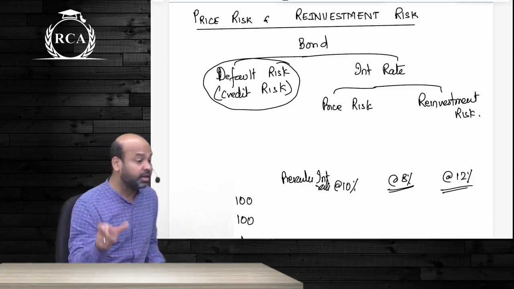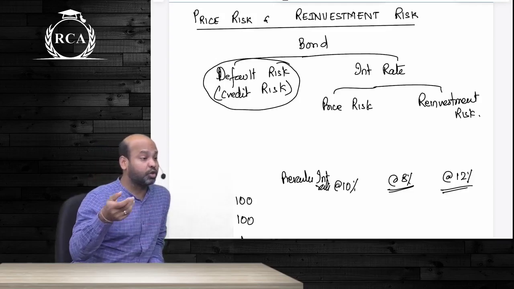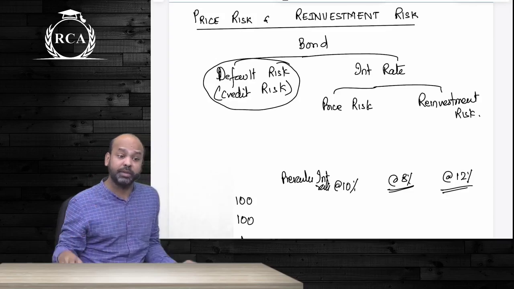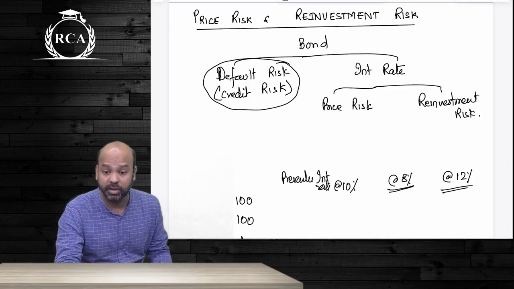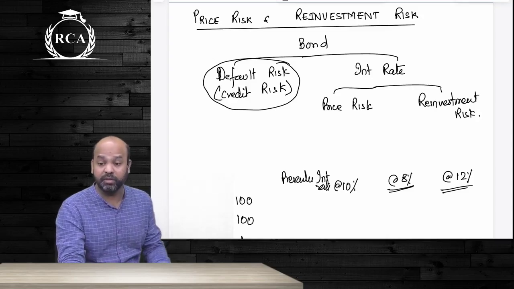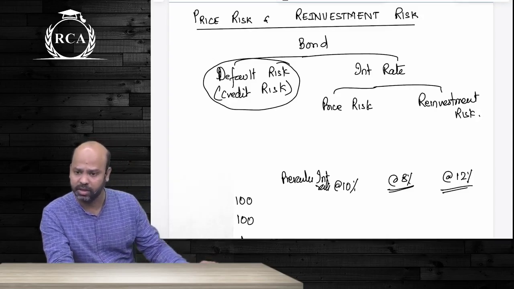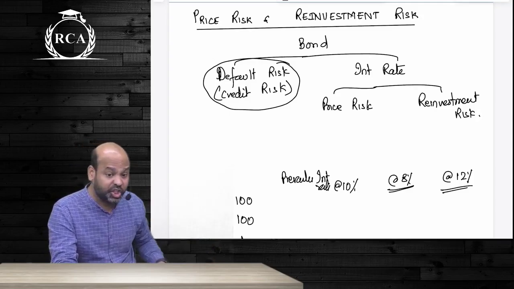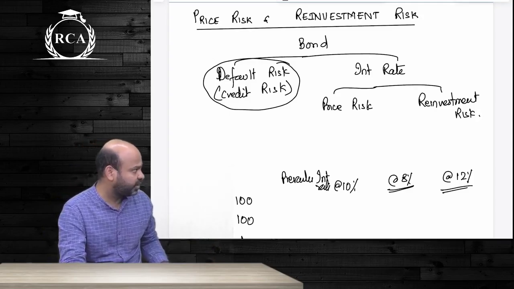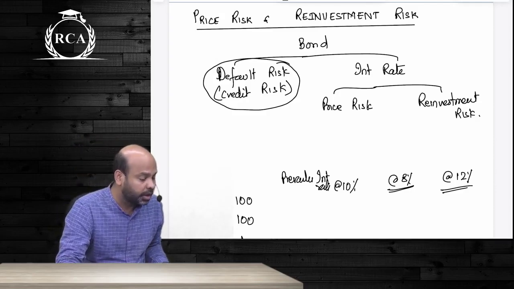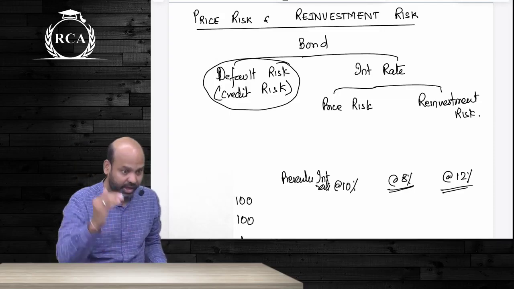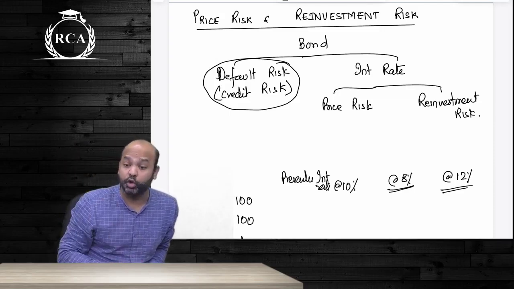Imagine that I've invested in a coupon paying bond. Every year I'm receiving a coupon of 80 rupees. My YTM was 9%. Only if I reinvest this 80 rupees at a return of 9%, I will be able to effectively realize that return of 9%. Now, if there is a change in the prevailing interest rates, what do you think is going to happen to your reinvestment income? It will change. If the prevailing interest rates are increasing, you will be able to reinvest at a higher rate.